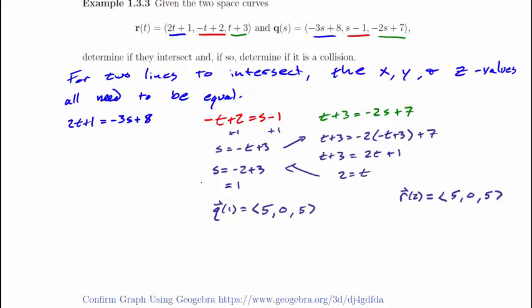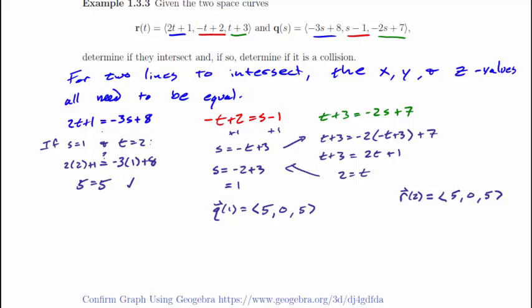We're going to confirm over here now. So if s equals 1 and t equals 2, we get 2 times 2 plus 1. We're really asking, is this equation true? Does this equal negative 3 times 1 plus 8? Here we get 5 equals 5.